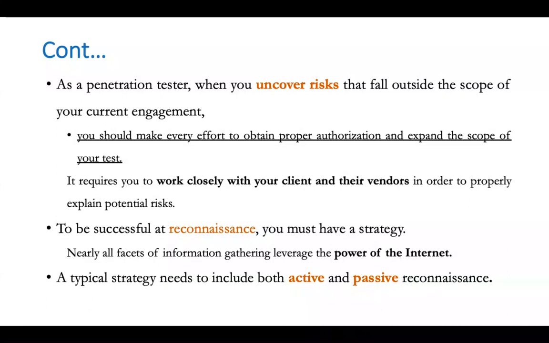However, your final report must include as much information as possible about any system that you believe puts the organization at risk. But some additional action is required in this case. What is that? What does one need to do as a pen tester when you uncover risk that falls outside the scope of your current engagement?